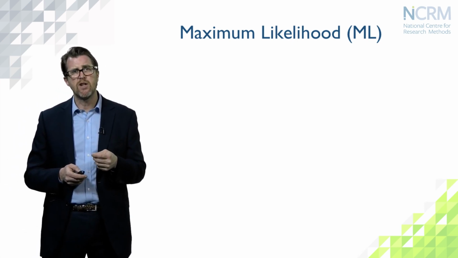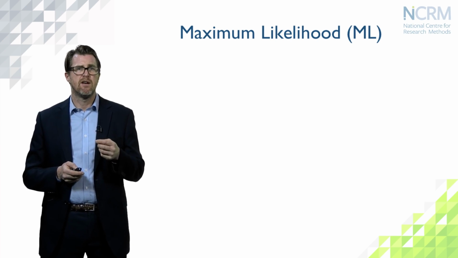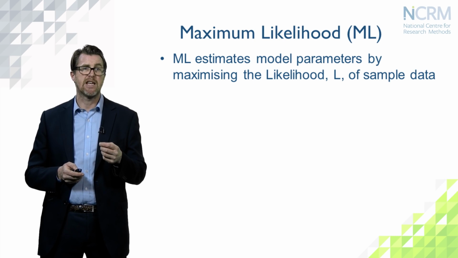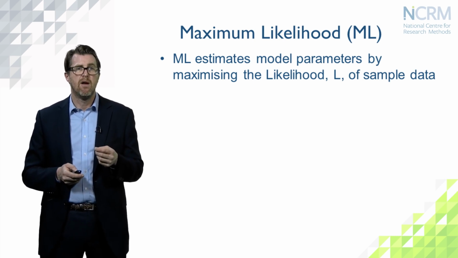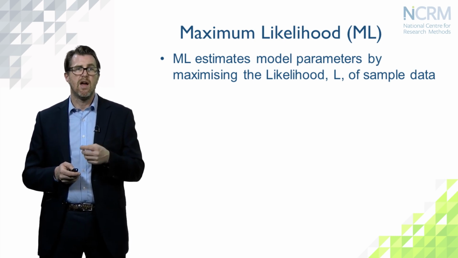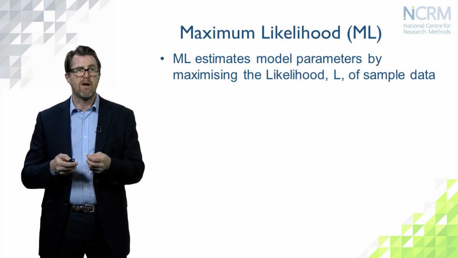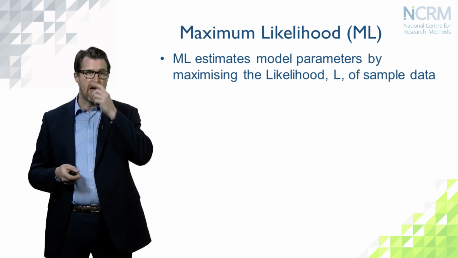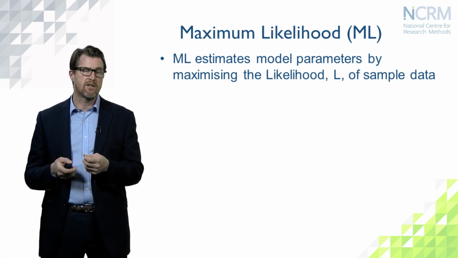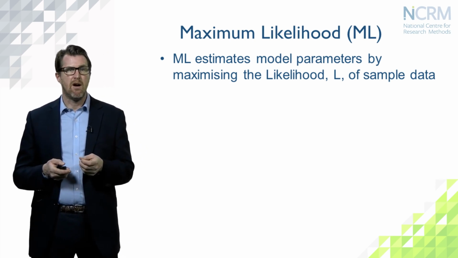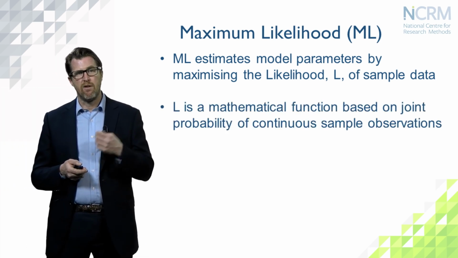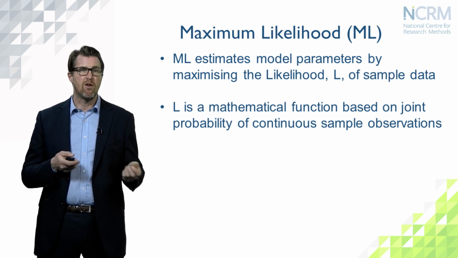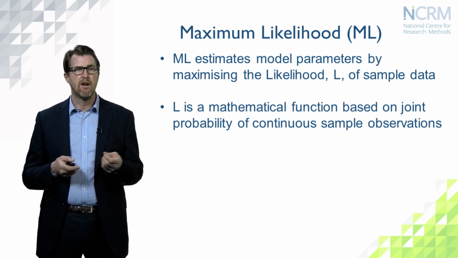In structural equation modelling, practice is mainly around using a technique called maximum likelihood. And maximum likelihood estimates the unknown model parameters by maximising the likelihood, which we can denote L, of a particular sample of data.